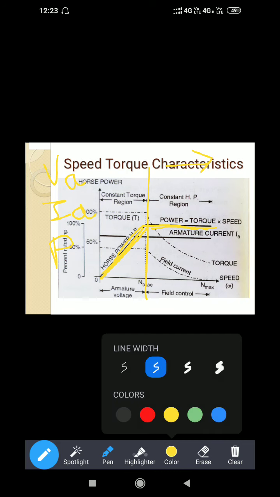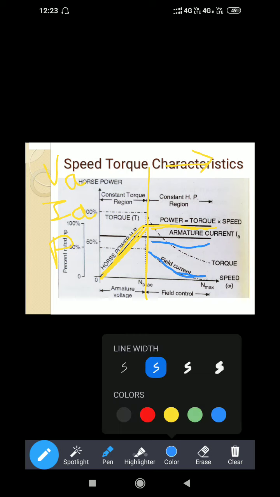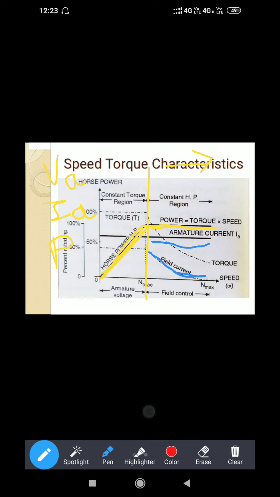Again, as stated, armature current is constant, and here we are decreasing our field current. So we are decreasing our field flux. You can see in this characteristics that we are decreasing our field flux. Because of the decrease in field flux, your speed is going to increase and your torque is going to decrease.